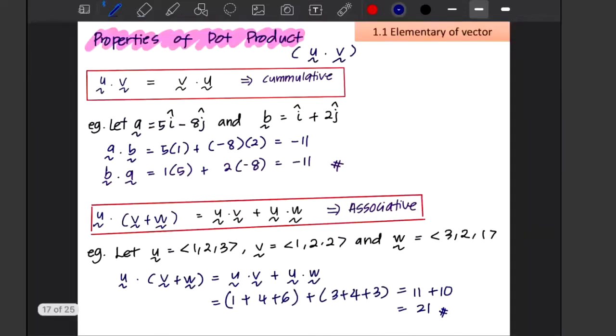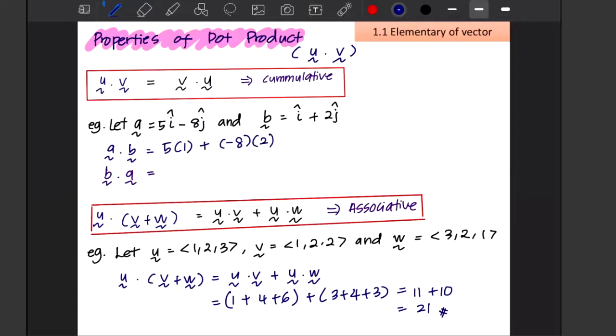Okay, these are the properties of dot product. Dot product is commutative, which means u dot v equals v dot u. Look at this example. Let's say we want to find a dot b. 5 multiplied by 9, plus negative 8 multiplied by 2. We get negative 11.